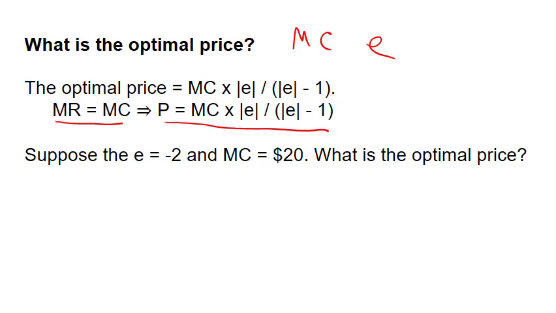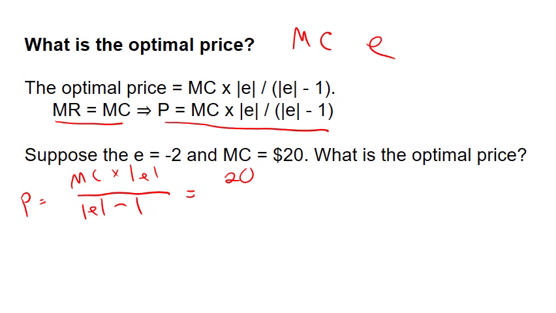Suppose that E is minus 2 and the marginal cost is 20. What's the optimal price? Well, we've got to take marginal cost. The optimal price will equal marginal cost times the absolute value of E, all divided by the absolute value of E minus 1. Plug and chug.